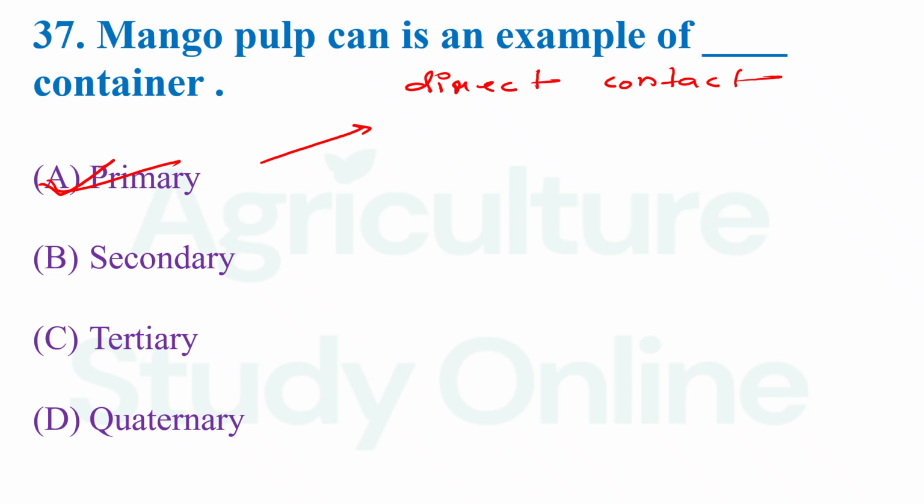Primary means direct contact, like cans, bottles. Secondary means outer packaging, like cartons, which contain the primary containers. Tertiary is for bulk transport. So over here, correct option is option number A.